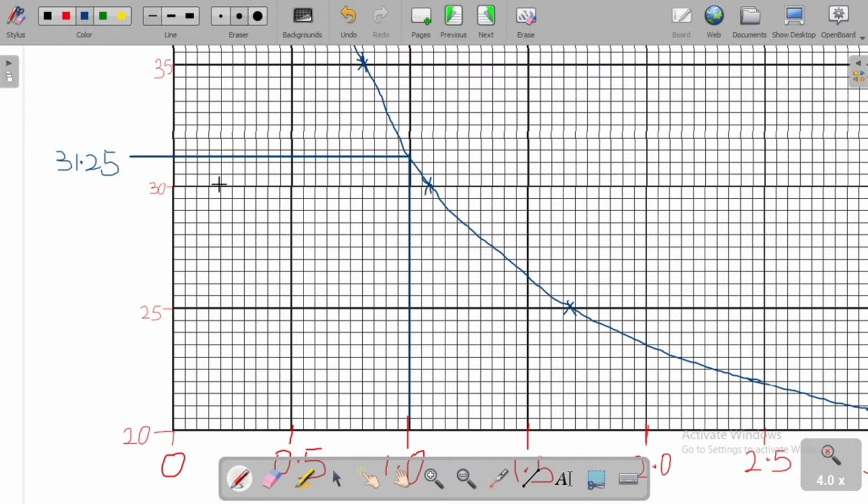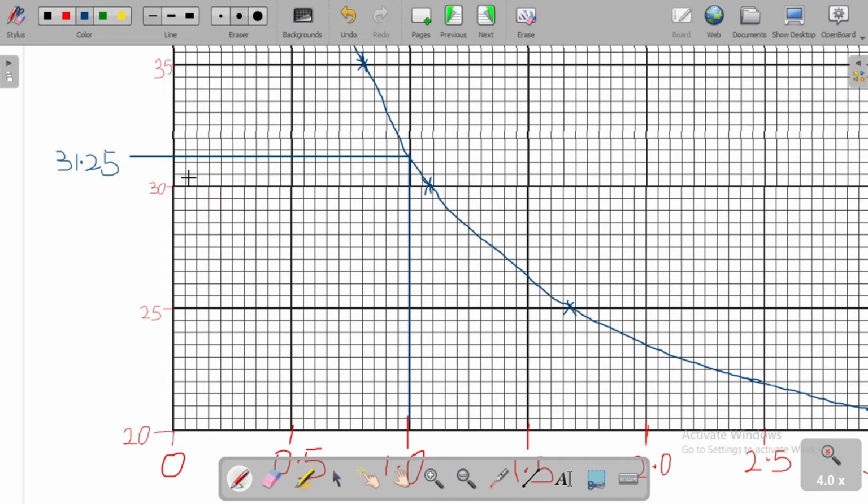The question was for us to use the graph to determine the value of object distance u1 when the magnification is 1. Now this is the magnification here, 1. You trace it up. When it hits the graph, you now trace it to the u axis and get the value. This is 30, 30.5, 31. This is meant to be 31.5.